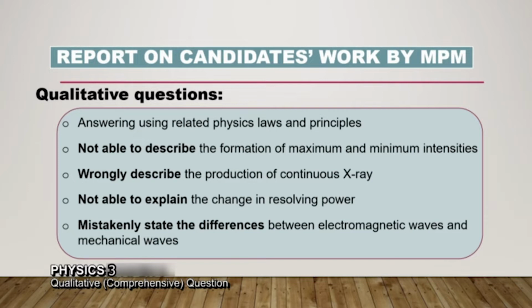Many candidates answered using related physics laws and principles, but some candidates were not able to describe the formation of maximum and minimum intensities. This is based on the Physics Paper 3 in 2020. I would like to emphasize that some students have a problem answering questions which start with describe.